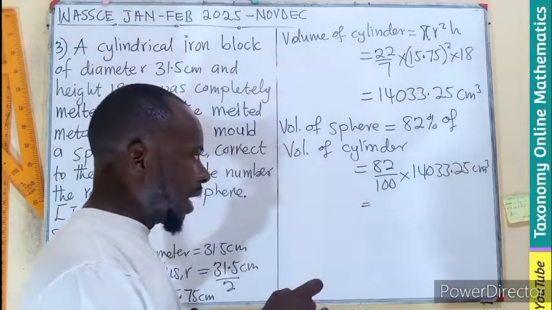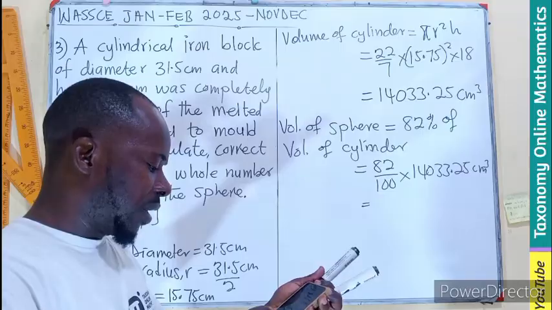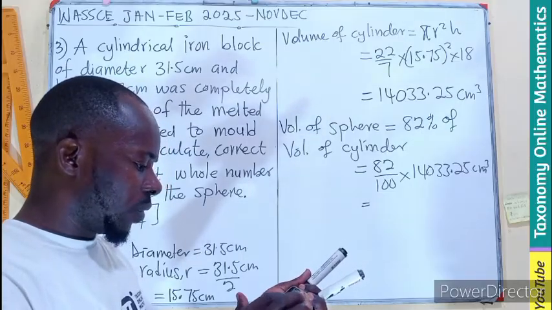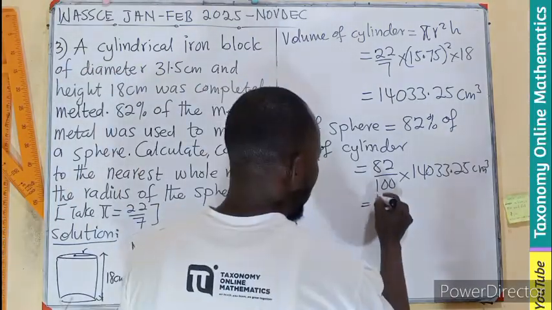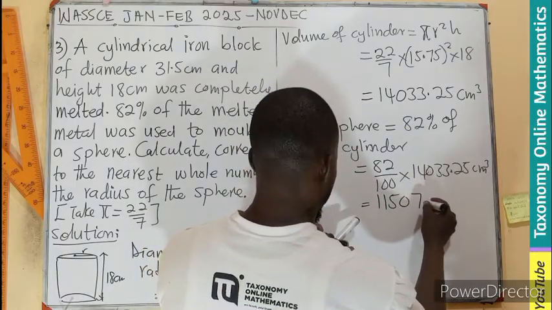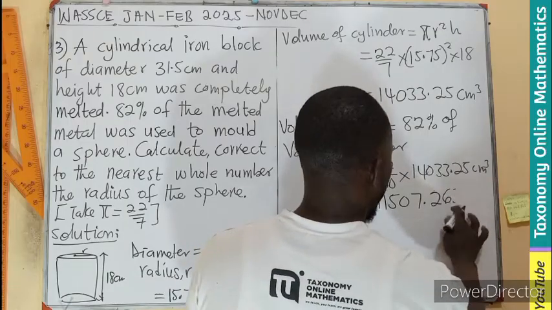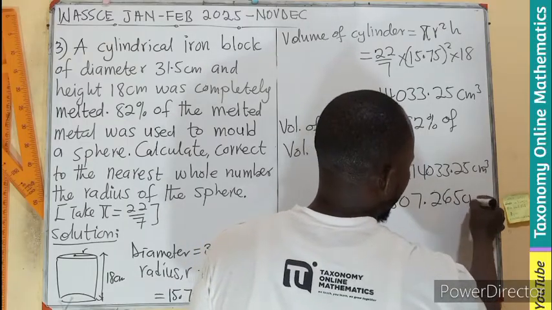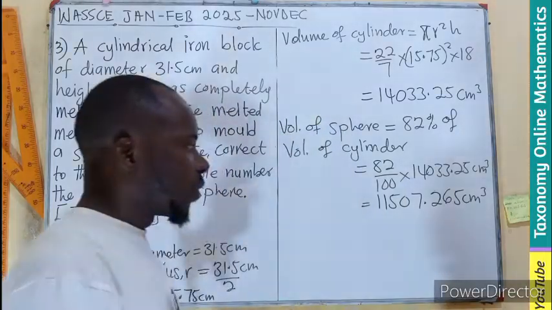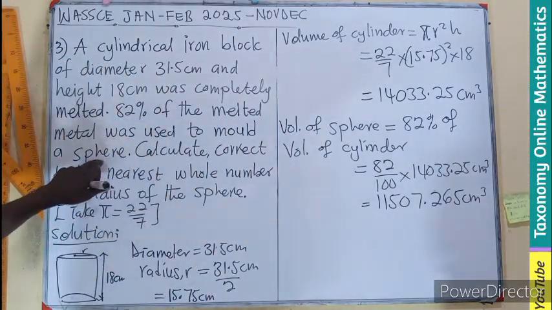So when we multiply that by 0.82, that will give us 11,507.265, I guess, right? So this is the volume of the sphere.